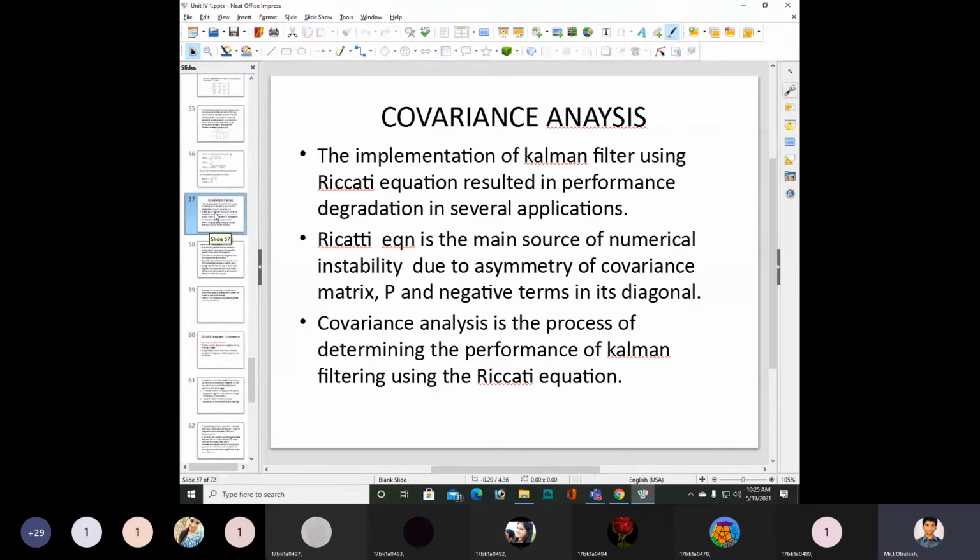Covariance analysis is the process of determining the performance of Kalman filtering using the Riccati equation.